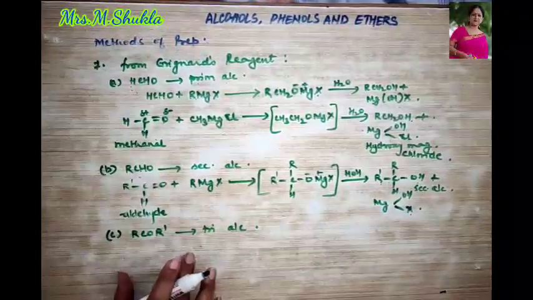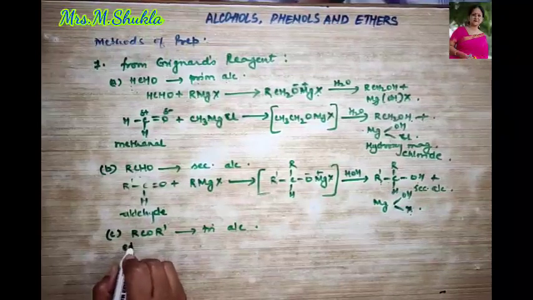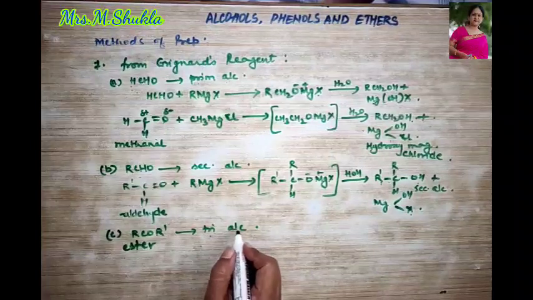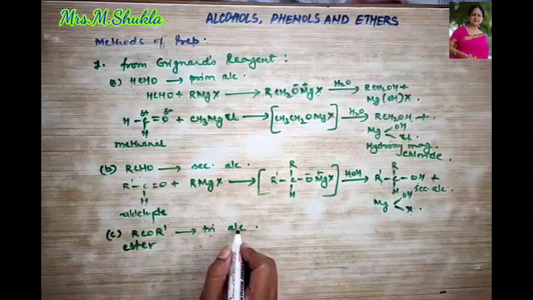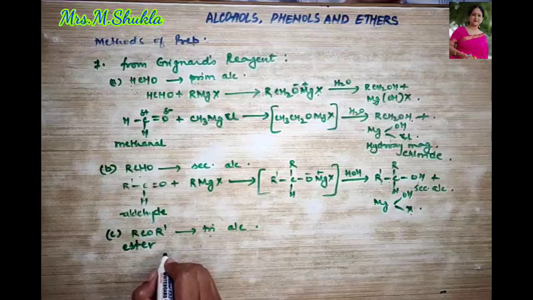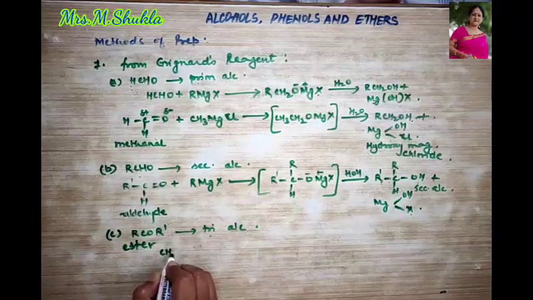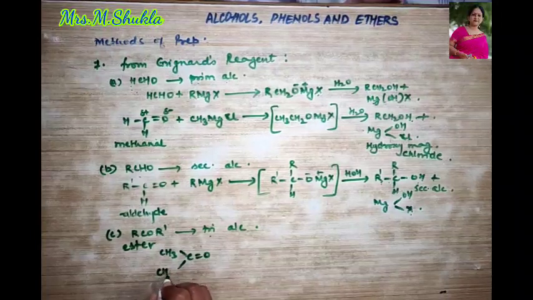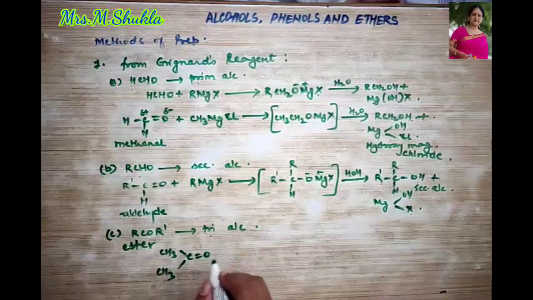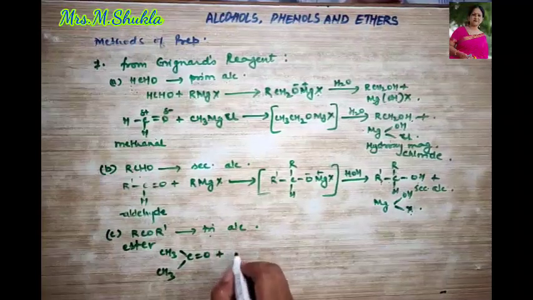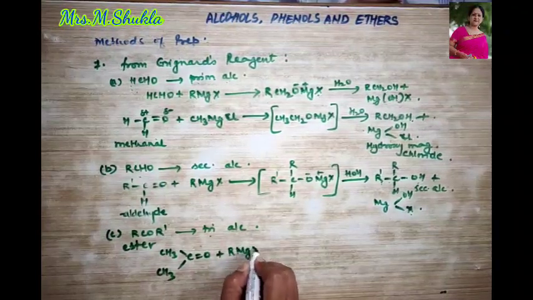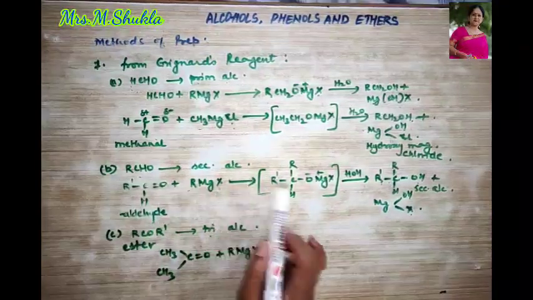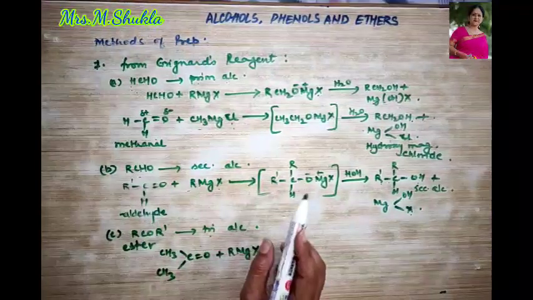And lastly we come to ester. Ester will always give you the tertiary alcohol. Take one example, CH3COCH3, which when treated with RMgX. I gave you one example; you can take this example for your Grignard's reagent.